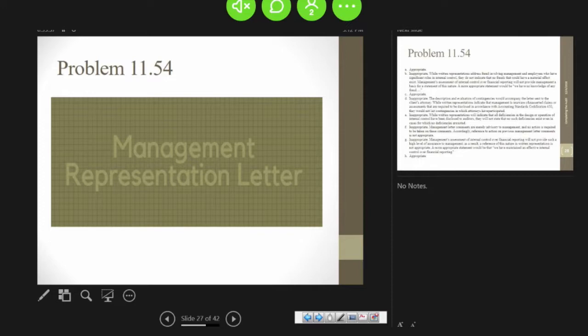You cannot say with certainty, because auditors don't say with certainty that there are no material weaknesses or deficiencies. We'll see this when we talk about reports: their reports are worded in such a way to say that basically we don't test 100%. So what management is providing here is 100% the way it's worded right now, and they're not able to do that.